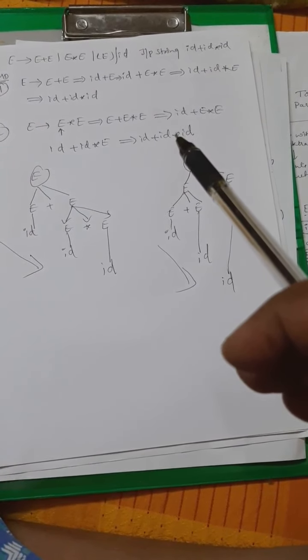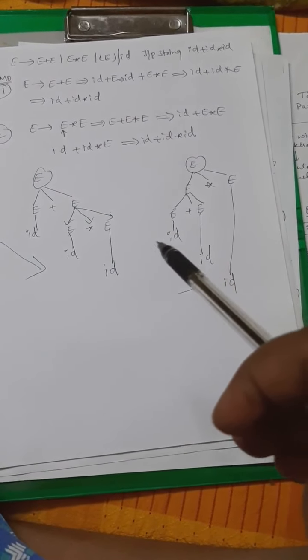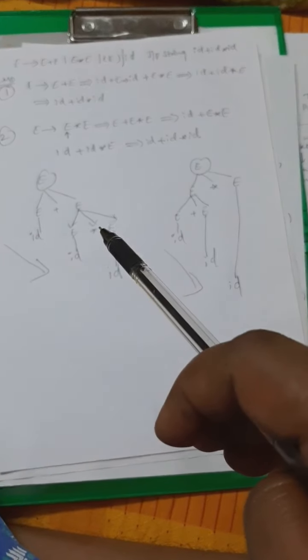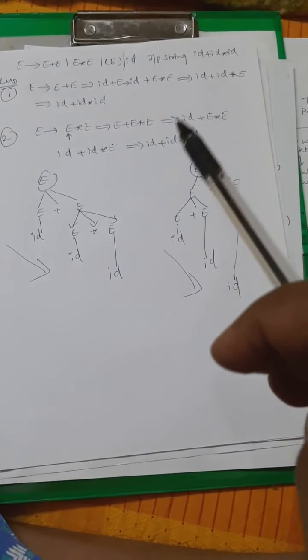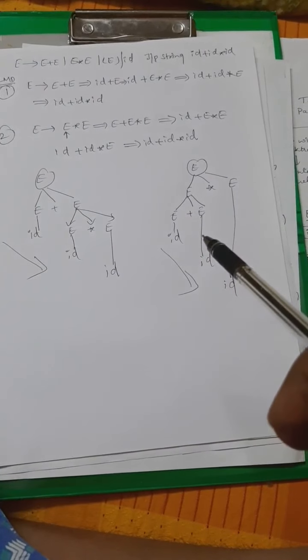Check out the length of the parse tree and the nodes and the leaf nodes of the parse tree. Based on that, I can say, using the same grammar and the same input, I have come up with two different parse trees.